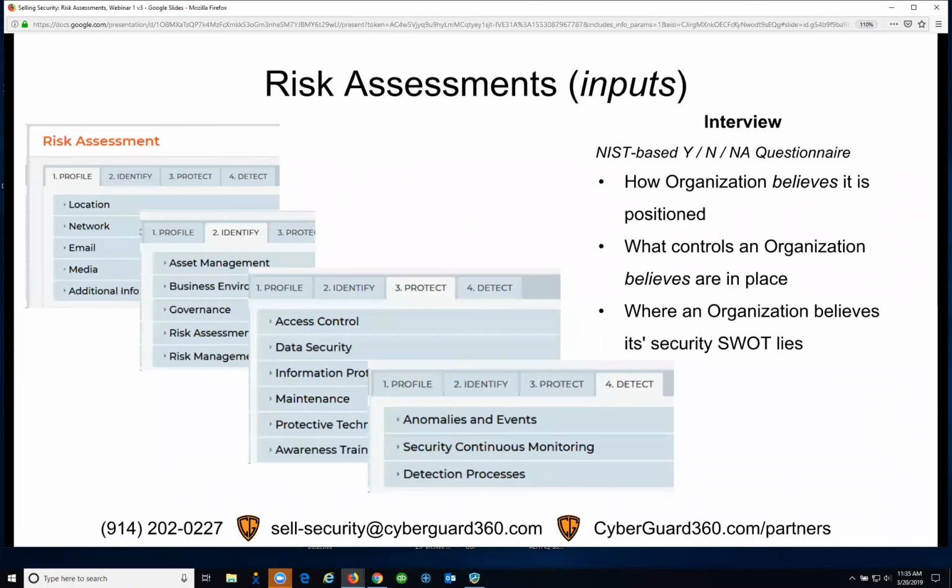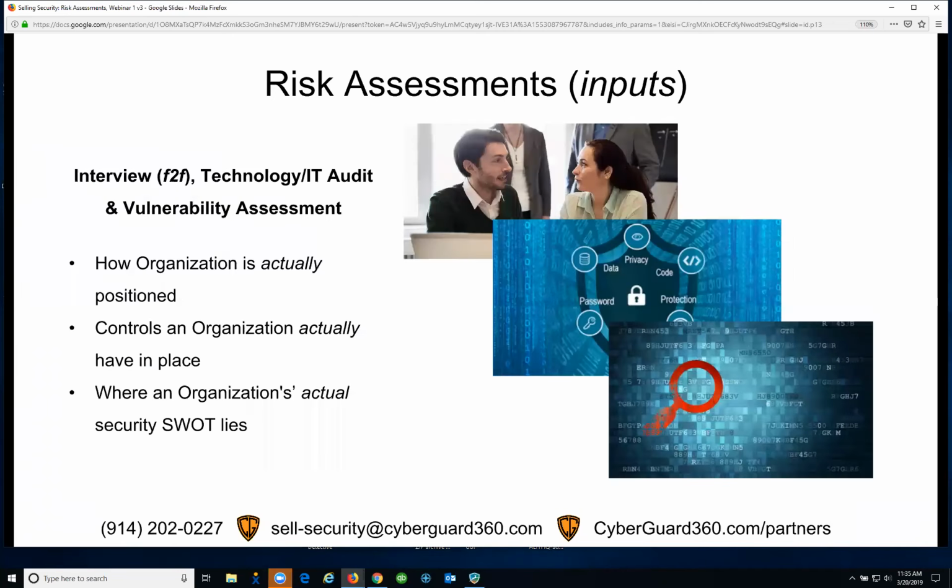So remember, this interview process looks at what they believe they're doing. This is that C-suite interview. This on-site, face-to-face work, alongside the IT audit and the vulnerability assessment, tells you how they're really positioned, what controls they really have in place, where the organization's actual SWOT is relative to what they think.